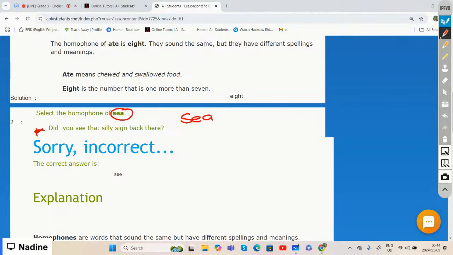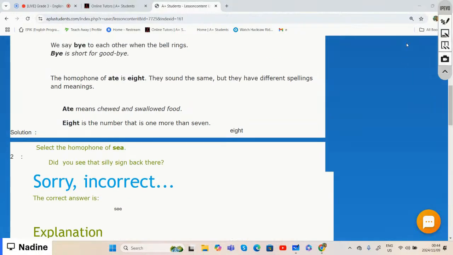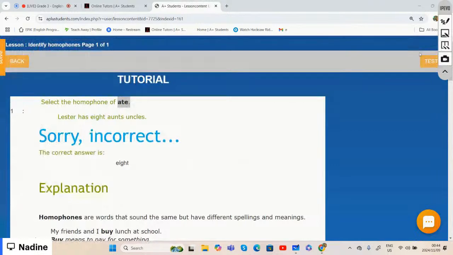All right. And if we were to choose the correct word, then see, the same as see, is sea. So well done. Let us quickly do just two things before the end of the test.